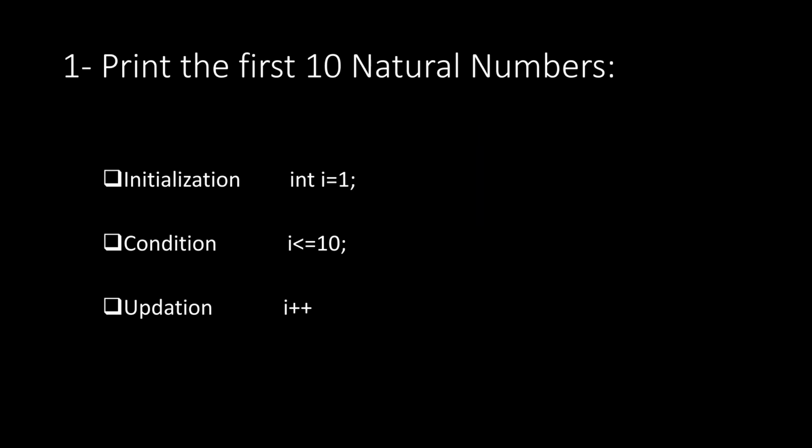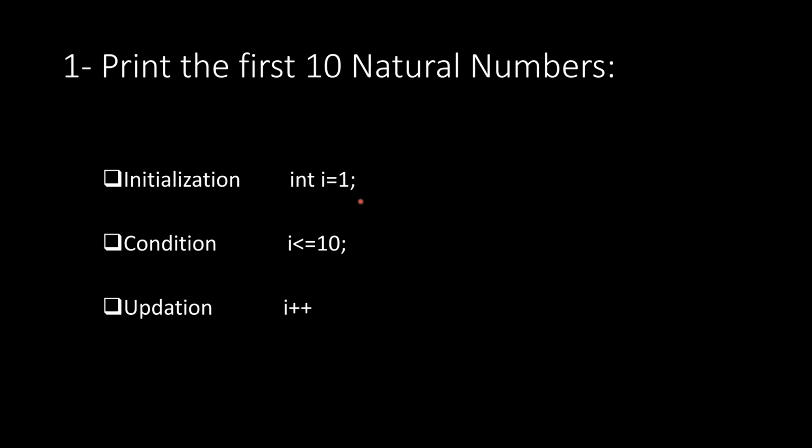Here is our first project, which is to print the first 10 natural numbers. So here are written the three statements. In the initialization statement, we have declared the loop variable i, which is an integer, and its value is 1.